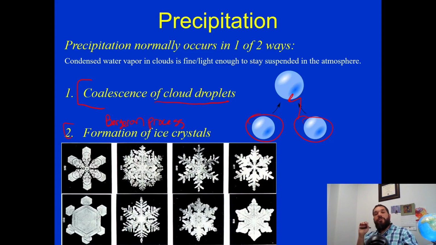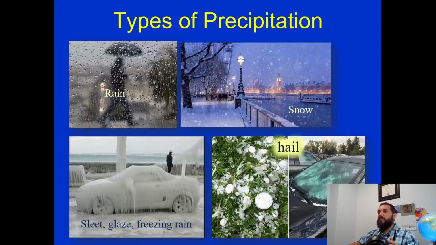And you get formation of ice crystals till they get large enough to actually overcome air resistance and drop to the ground. And usually what happens in a relatively warmer place like Corpus is that it's going to melt before it actually hits the ground. So the ice crystal will fall as snow, it'll melt, and then it hits the ground. So actually a lot of the water that hits the ground here as rain probably starts off as ice or as snow.